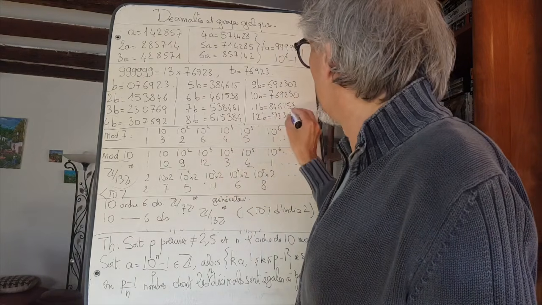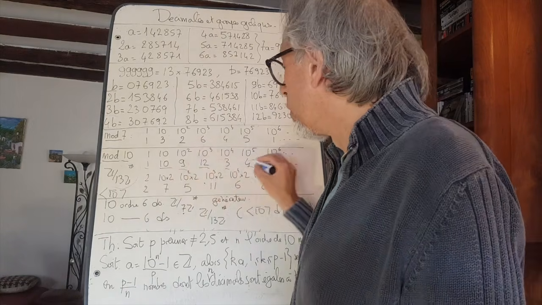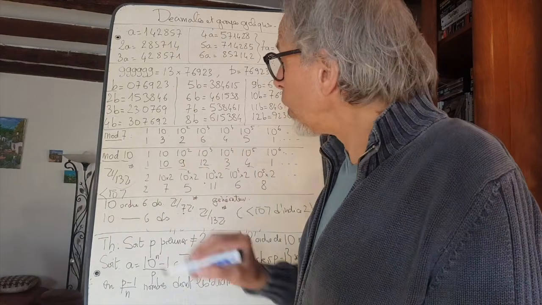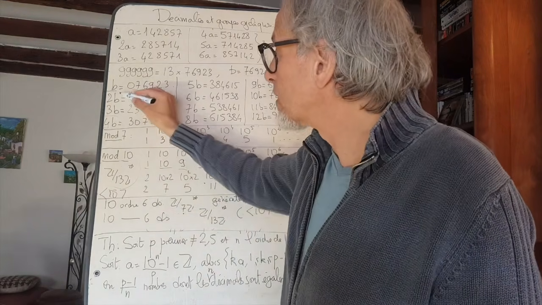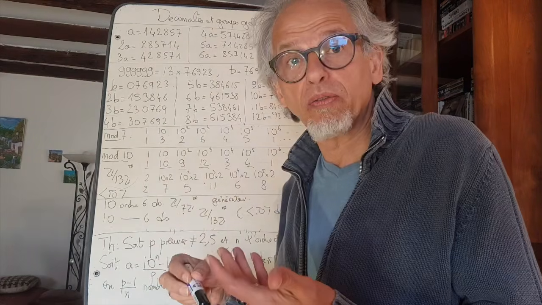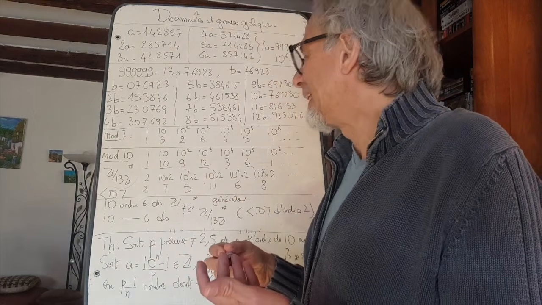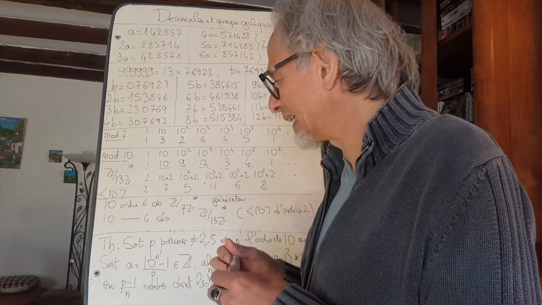So we have them all, okay? Those that correspond to the permutations of B, and the others correspond to those that are permutations of 2B. There you go.